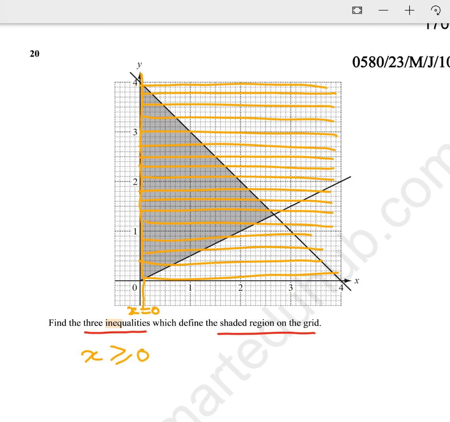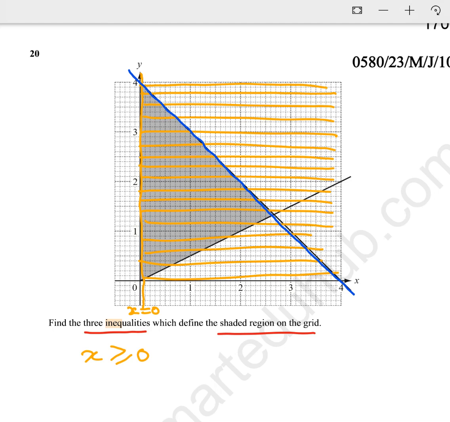Now let us find the other boundary of the region. Now this line, if you can see over here, let me just make it with another color. This line over here is the other boundary, the second boundary for the shaded region.